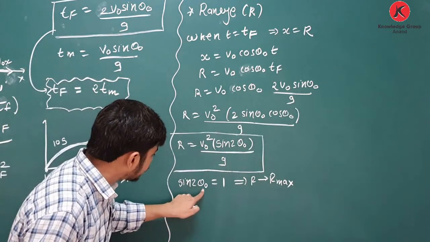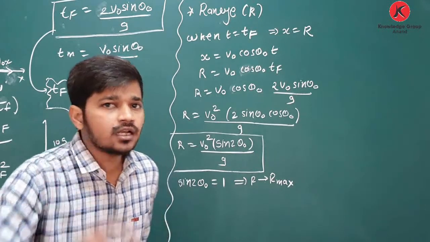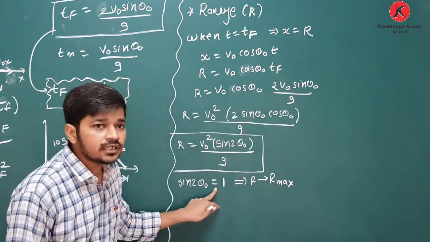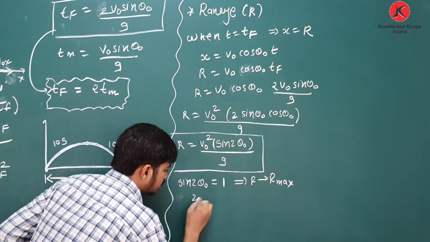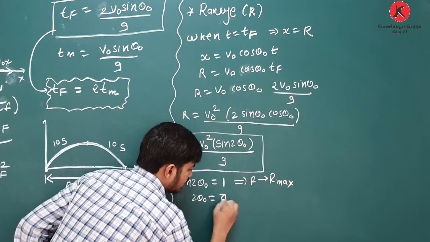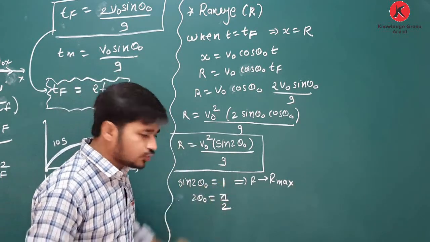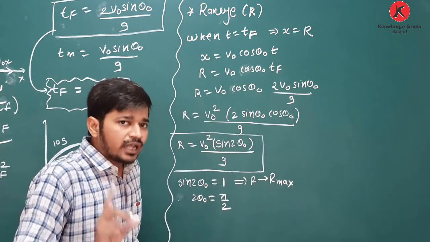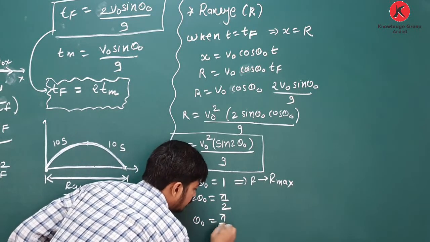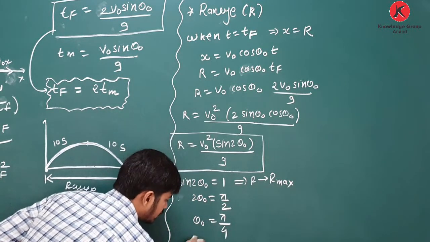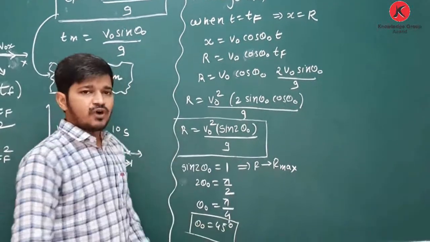Now sin 2 theta 0 is equal to 1. You know for which angle the value of sine is 1? Pi by 2. So 2 theta 0 is equal to pi by 2. Now make theta 0 the subject. Theta 0 is equal to pi by 4, or you can say theta 0 is equal to 45 degree.